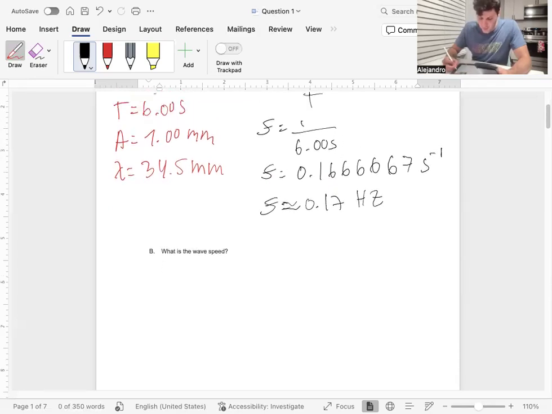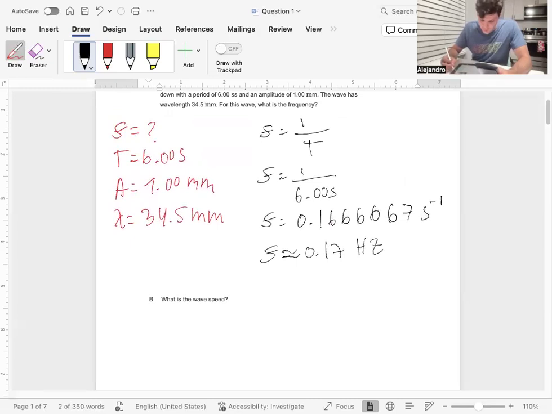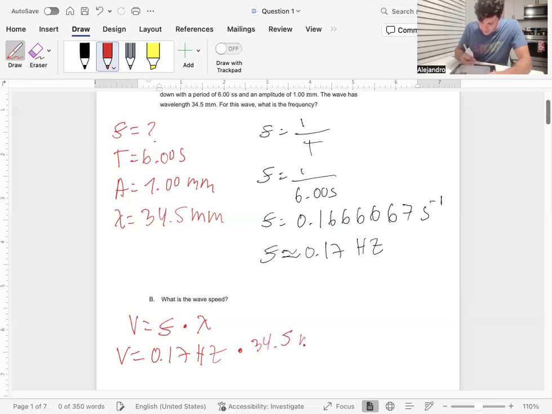Okay, we have B. What is the wave speed? The formula for wave speed is speed is equal to frequency times wavelength. We have both. The frequency we just got, which is 0.17 hertz, times 34.5 millimeters.